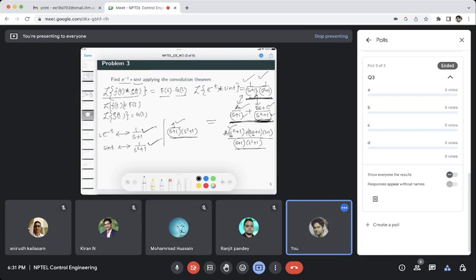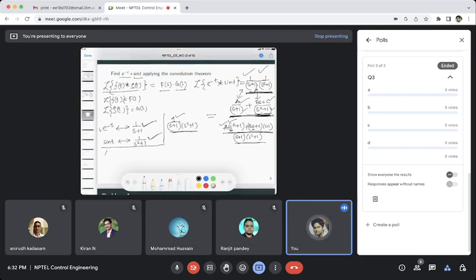So let's simplify this expression in the numerator, which is a(s²+1) plus (bs+c)(s+1), which will be as² + a + bs² + bs + cs + c.